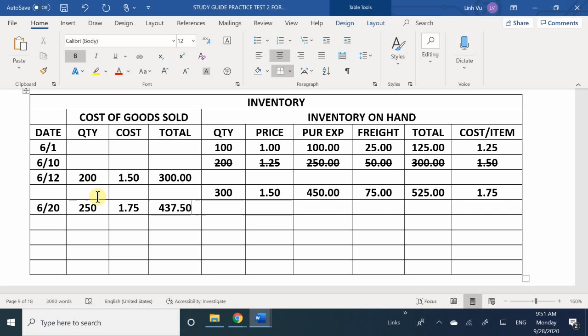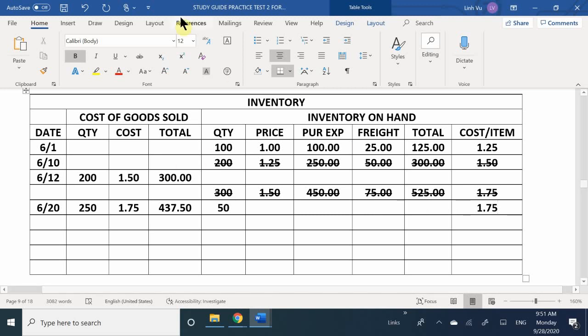That's correct? Okay, good. So what I can do here is, with Excel you can just type it in. But in this case, I just want to make sure that you guys know. So I'm going to cross that out, because I know I have 50 left, and it's going to cost me $1.75 each.